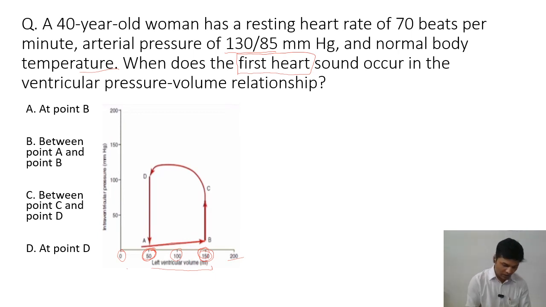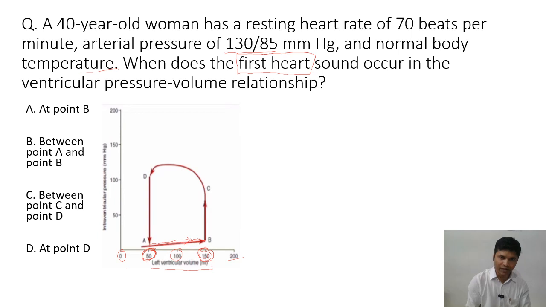So what happens? Pressure is very low in the ventricle, because before that the atrium and ventricle were connected, as the atrioventricular valve was open and blood was coming from the atrium to the ventricle, which is why filling was going on. This is the last phase of filling, where the atrium contracts and some blood is filled into the ventricle.